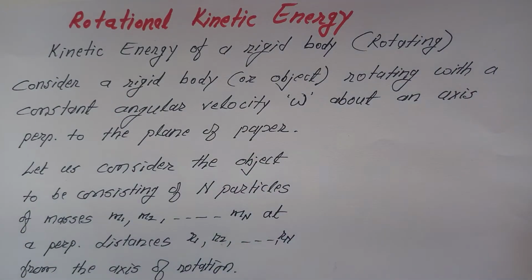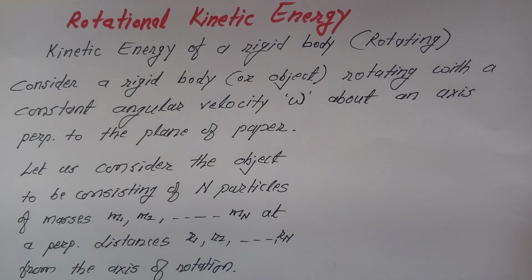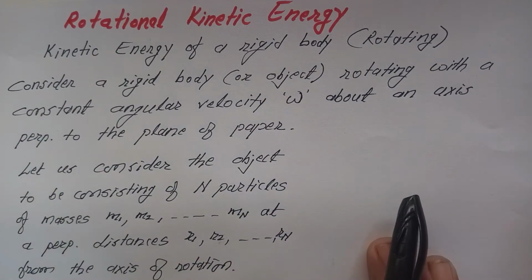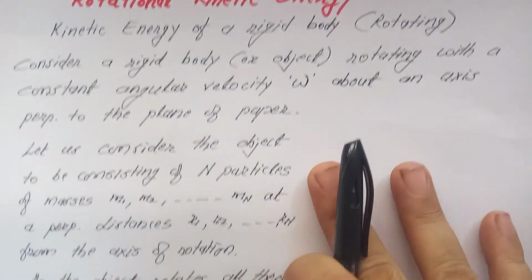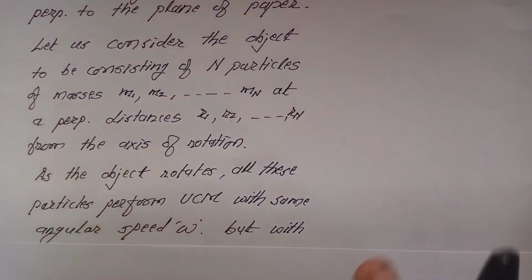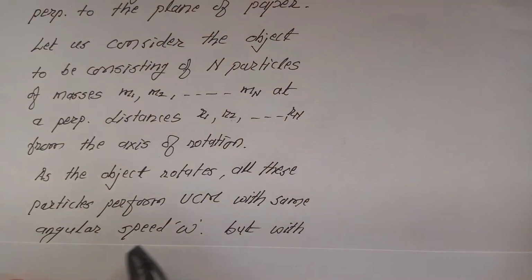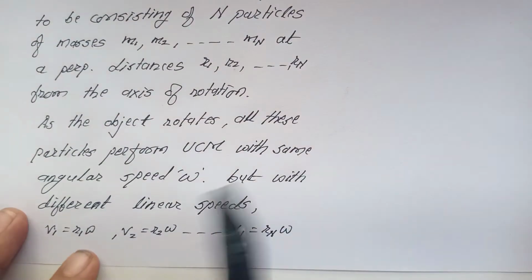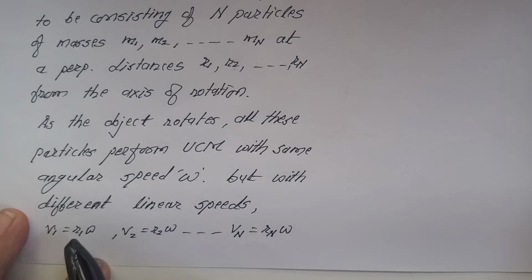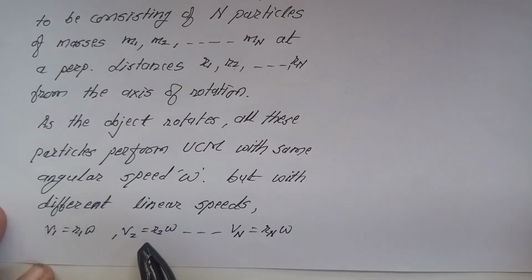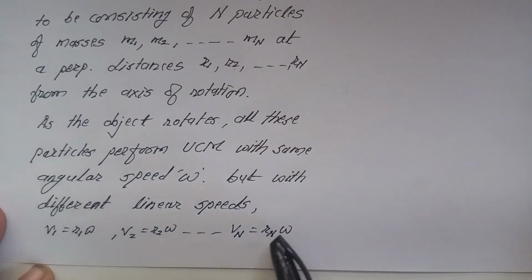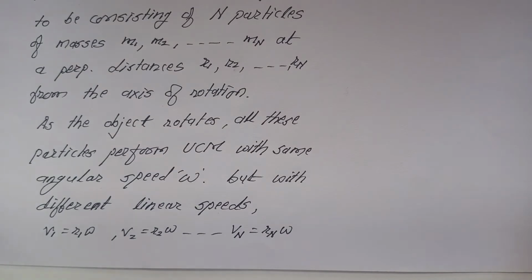As the object or rigid body rotates, all these particles perform UCM with the same angular speed omega, but with different linear speeds. That is, v1 is equal to r1 omega, v2 is equal to r2 omega, up to vn is equal to rn omega. We can draw a diagram for it.